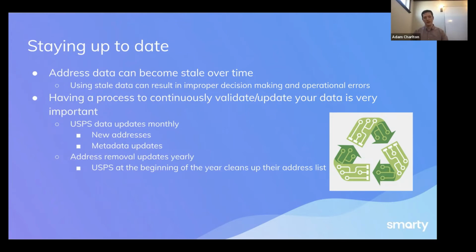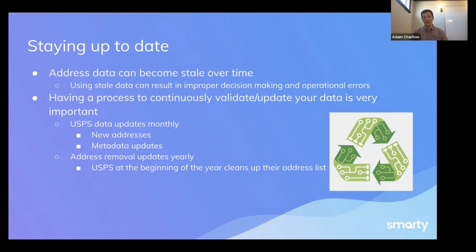It's data that exists and you think it's highly accurate, but you're actually making business decisions based on faulty information. And so you really have to have a process, whether it's just a business practice to make sure that your data stays as up to date as possible, but also in technology, you have to have a technology pathway to make sure that there's a process to continuously refresh your data.